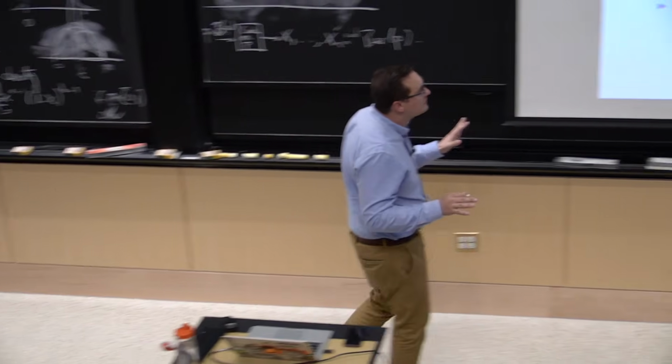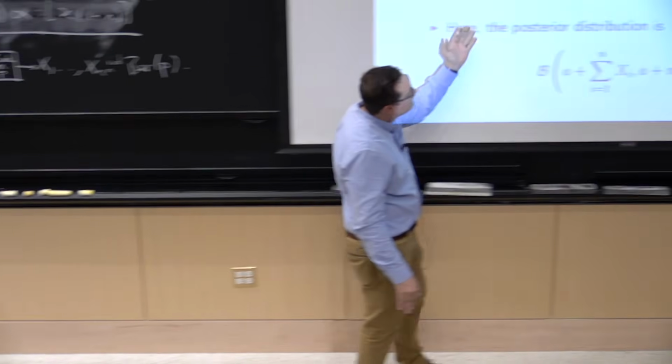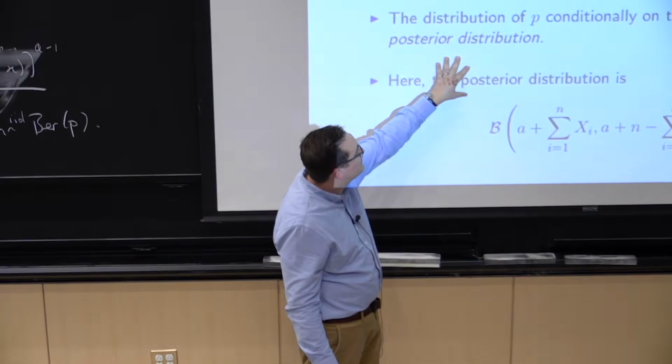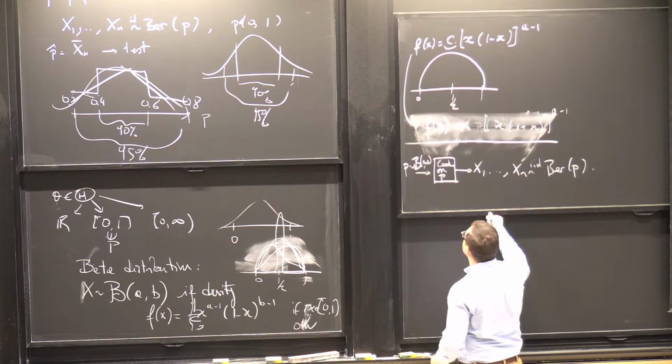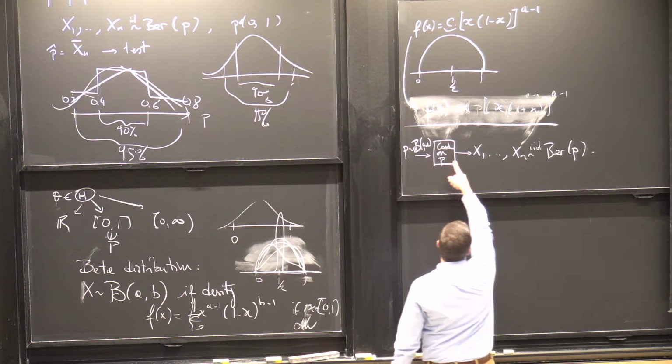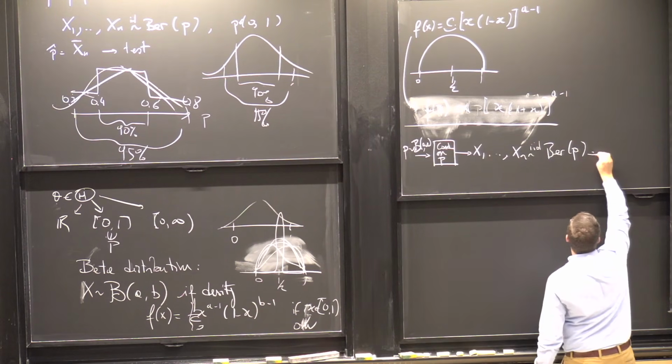So same thing, basically. Now, we will see. I mean, actually, we won't. But in this case, well, we will. In this case, you can see that essentially the posterior distribution is still a beta. So what it means is that I had this thing. Then I observe my data. And then I continue.